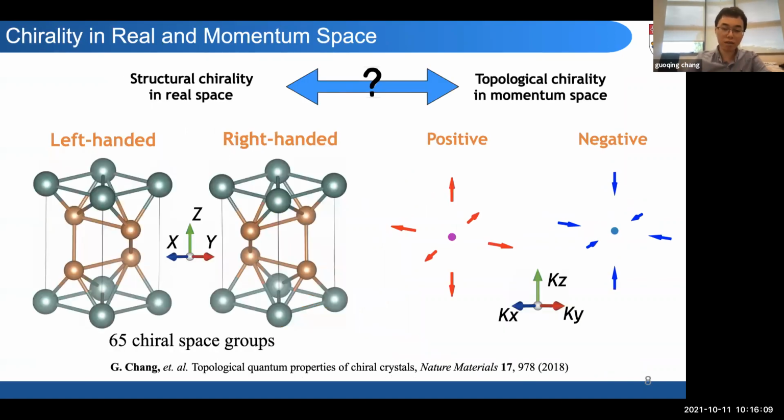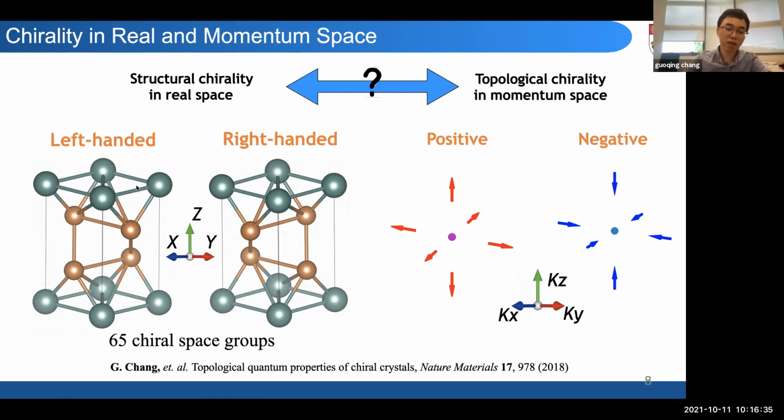So what are the crystals we have if we break the inversion symmetries and the mirror planes? These are the chiral crystals. Actually, in three-dimensional systems, around 65 chiral space groups are defined, which is almost 1/3 of the total 3D space groups. So these materials in the chiral space groups have well-defined handedness, which we can define as left hand and right hand.